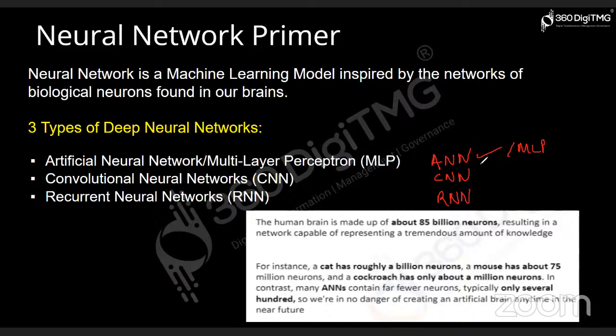We will learn about the perceptron in a few slides. Then we have the convolutional neural network, which can be used for images and videos. RNN can be used for multiple cases; for time series models also, we use RNN.